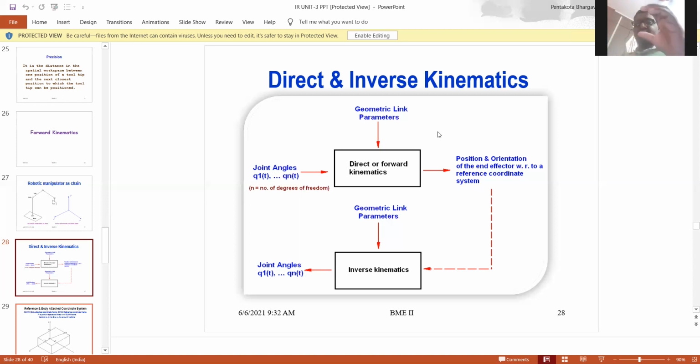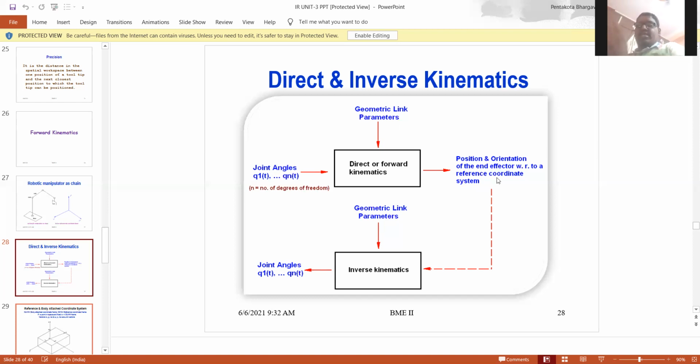Once again, first the geometric link parameters and joint angles, then the direct forward kinematics, and next the position and orientation.